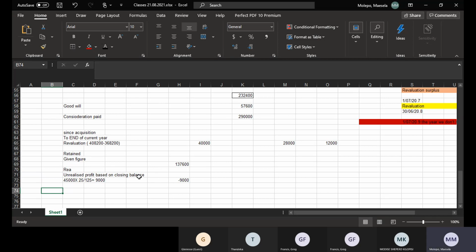So either we show the 137,600 here in the column and put the retained earnings at acquisition of 72,000 in the negative part. The retained earnings at acquisition was sitting at 72,000, which needs to be subtracted.